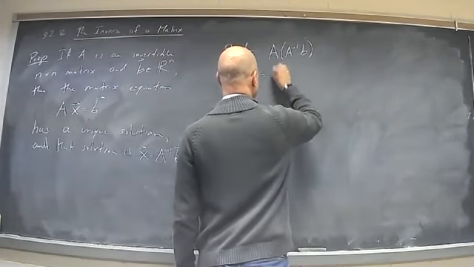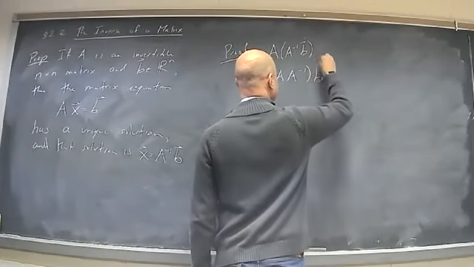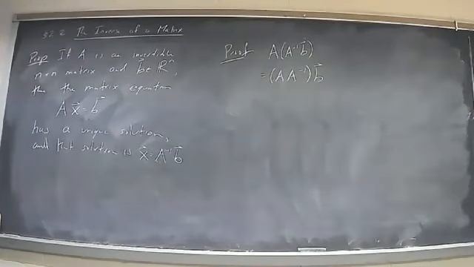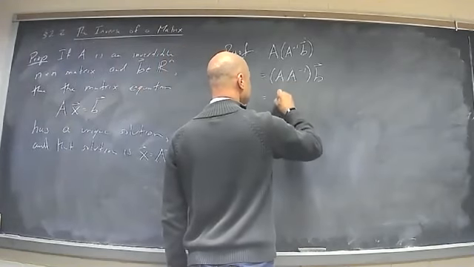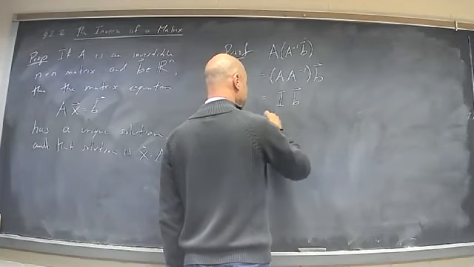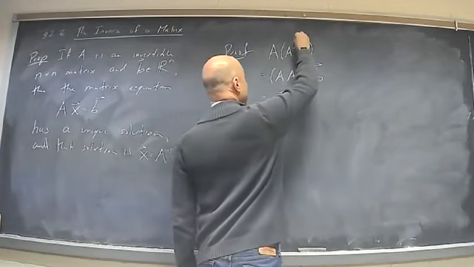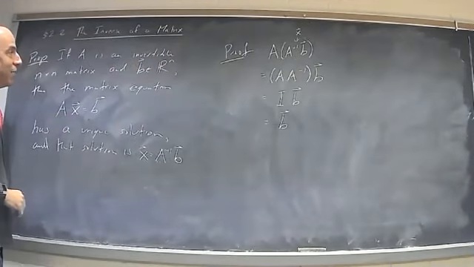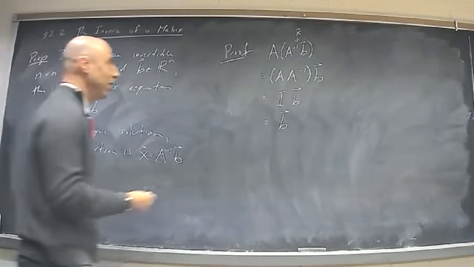We know that I can write this as A times A inverse times the vector b. Oops, I forgot my vector symbol over the b. And A times A inverse is just the identity. And the identity times a vector, we talked about that, that's just the vector. So by putting A inverse b in for x, I get b. And so A inverse b is a solution.